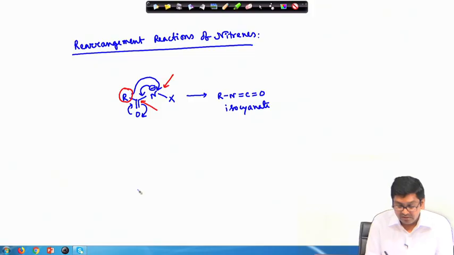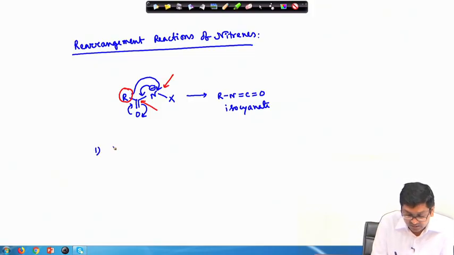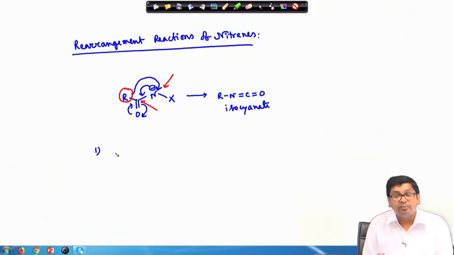As per example, there are four different types of rearrangement reactions we will discuss today.